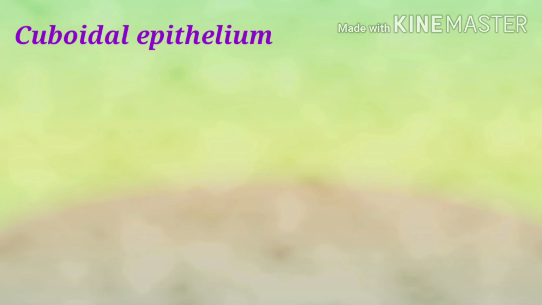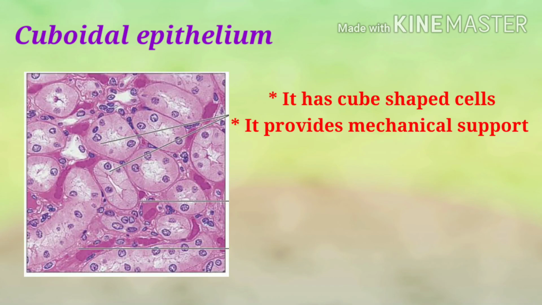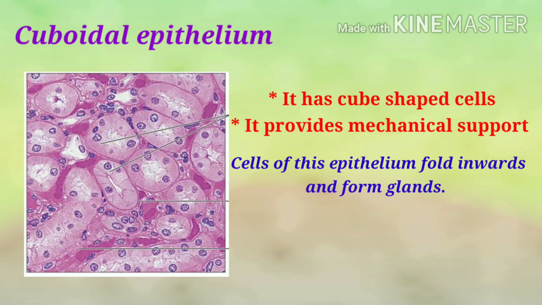Next one is cuboidal epithelium. It is a cube-shaped epithelium and it provides mechanical support. Sometimes the cuboidal epithelial cells fold inward and form a gland. Because of this folding, it forms the glands in our body.